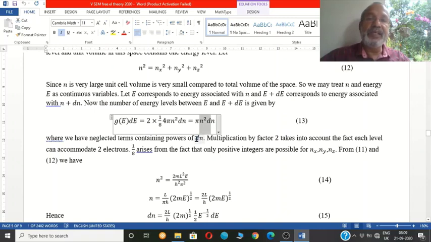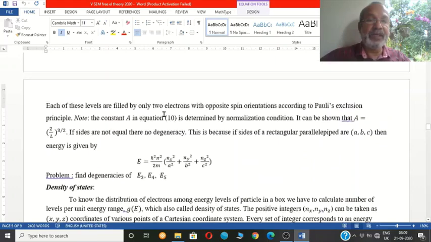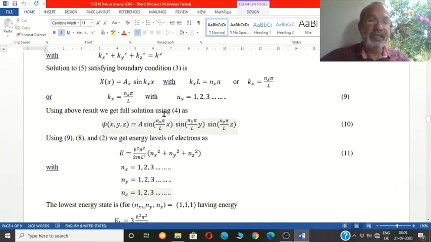How will we do that? For that, we have to find an expression for n in terms of E and substitute on the RHS. Then the entire thing on the RHS will be in terms of E, and you will get a formula for G(E) in terms of E. Now, since we have taken nx square plus ny square plus nz square as n square, that can be substituted in the formula for energy here.